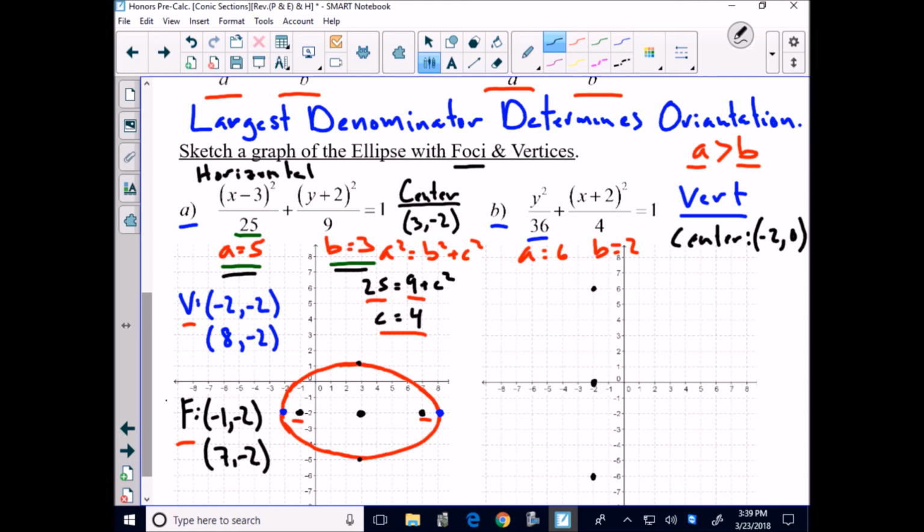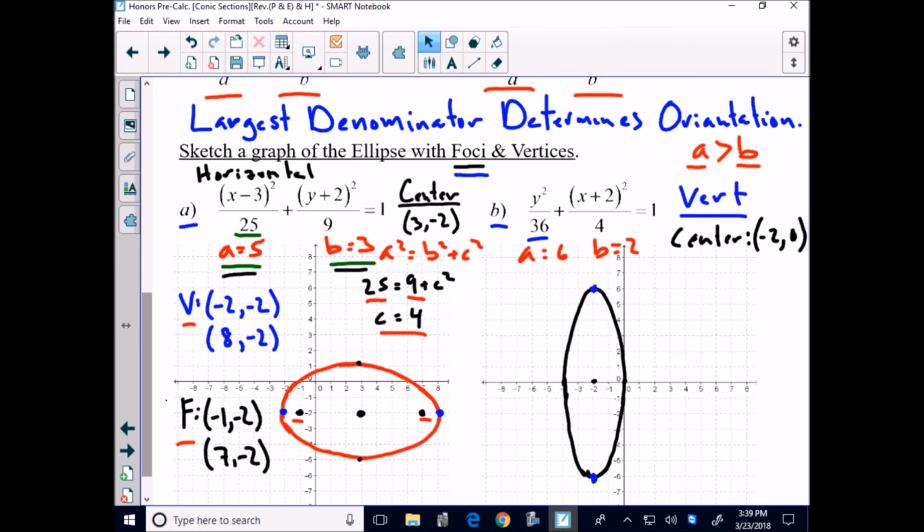And then we're going to go 2 out horizontally to get the ends of the minor axis, and that gives us the ellipse that we've got right there on the xy axis. So we've got the vertices, the ends of the major axis, the largest diameter, and we're also going to determine the foci. Now again, I'm going to say that I know the Pythagorean relation for the ellipse is given to me right here.